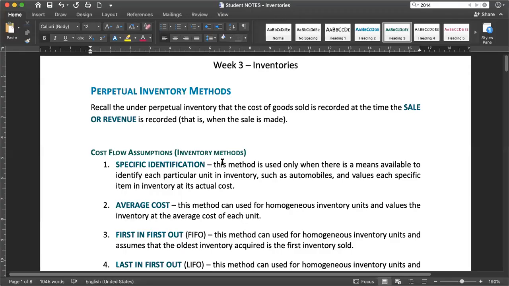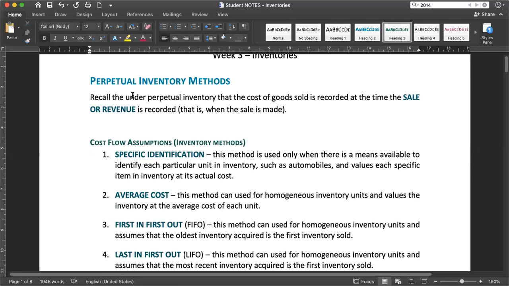Okay, in this video, I'm going to talk a bit about inventories. There are, broadly speaking, two inventory methods. Perpetual inventory is when, at the time a sale is made, we record the cost of goods sold.